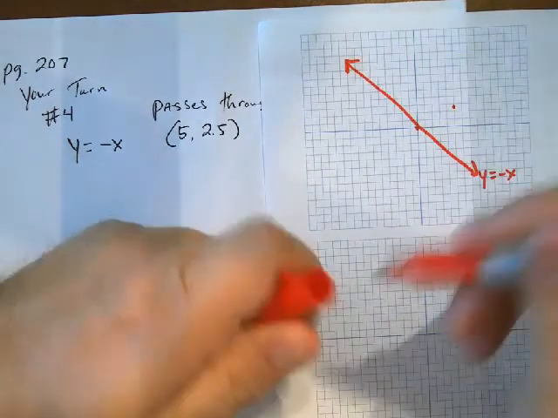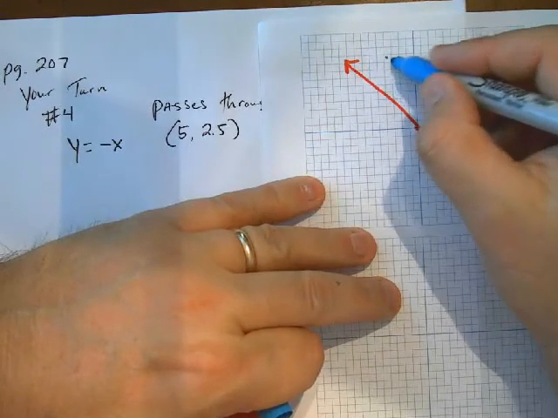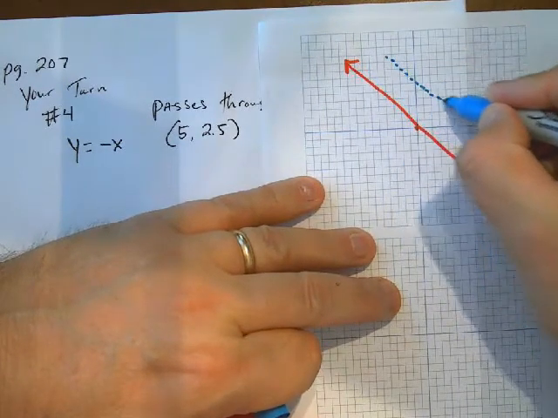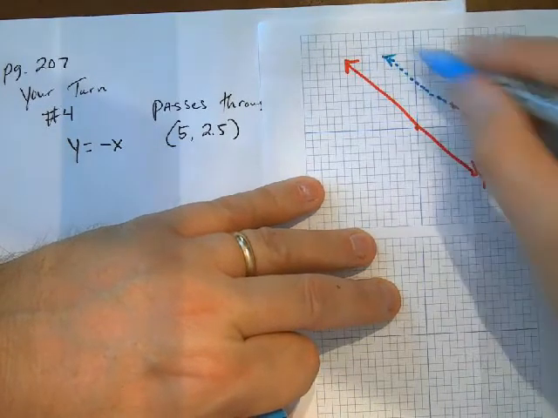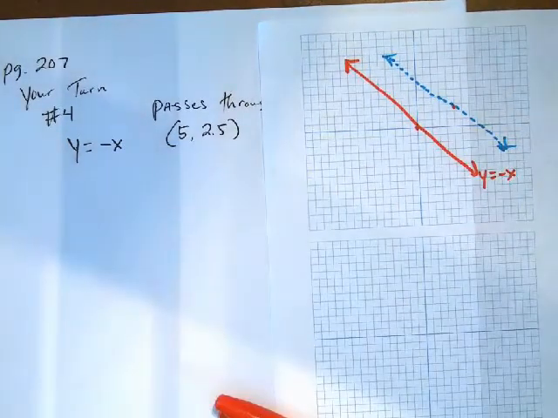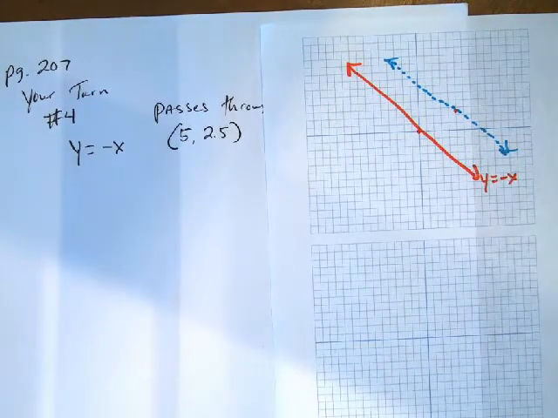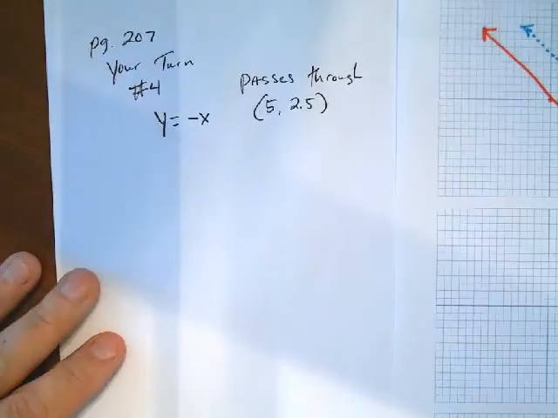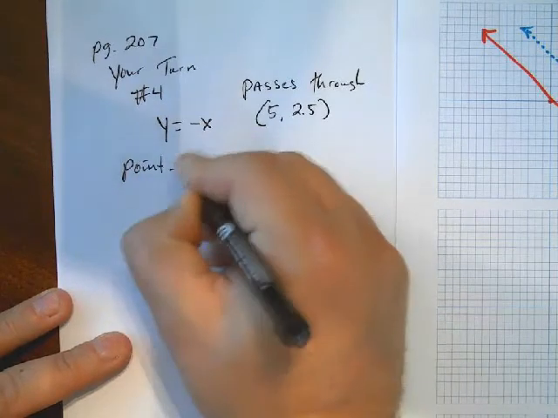So if I were just to freehand it, I would know that my result is going to look like this. I didn't do a very good job. That's got some waves in it, but it would look something like that. We know everything we need to know, other than we need to recall point slope form, because that's what we have at our disposal.